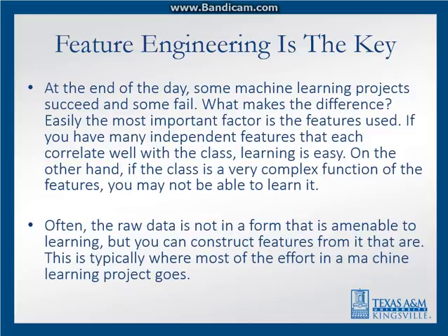On the other hand, if the class is a very complex function of the features, you may not be able to learn it. Often, the raw data is not in a form that is amenable to learning, but you can construct features from it that are. This is typically where most of the effort in a machine learning project goes.